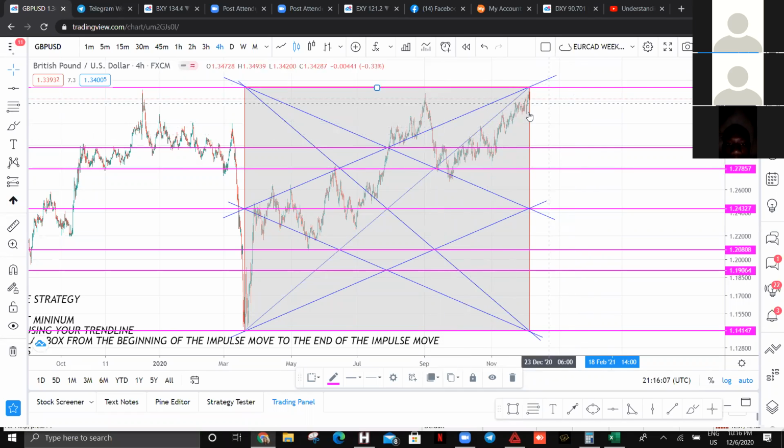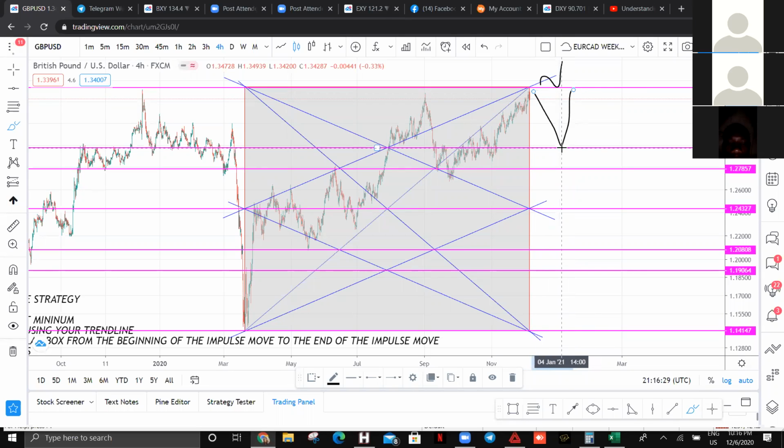So 2 things are going to happen on this chart. Either price breaks out of this rectangle like this and continues going up, or price comes down in between here and goes back up. 2 things will happen here.